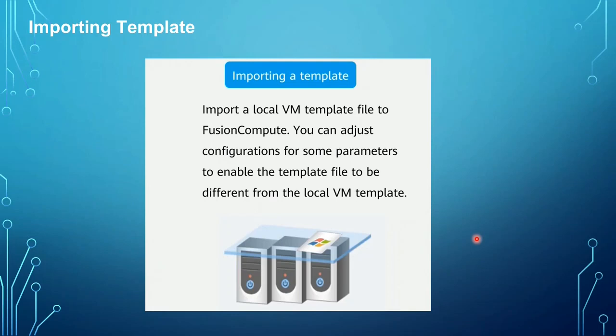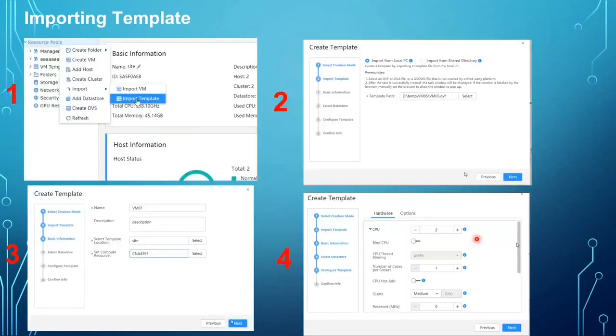So this is the procedure for how we can import a template on the resource pool. Just right click and import. You can import a template as well as import a VM. Both options are available. It will ask for the path where your file is located.